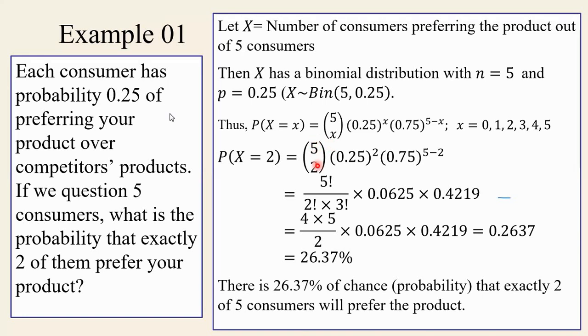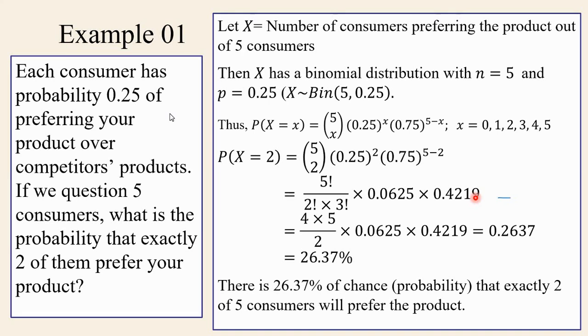Then 5 choose 2 is calculated by 5 factorial divided by 2 factorial times 3 factorial. When we simplify this, you can find 4 times 5 divided by 2 times 1. Then 0.25 squared is 0.0625, and 0.75 cubed is 0.4219. You approximate these probabilities to 4 decimals, because finally we have to calculate this in percentage.